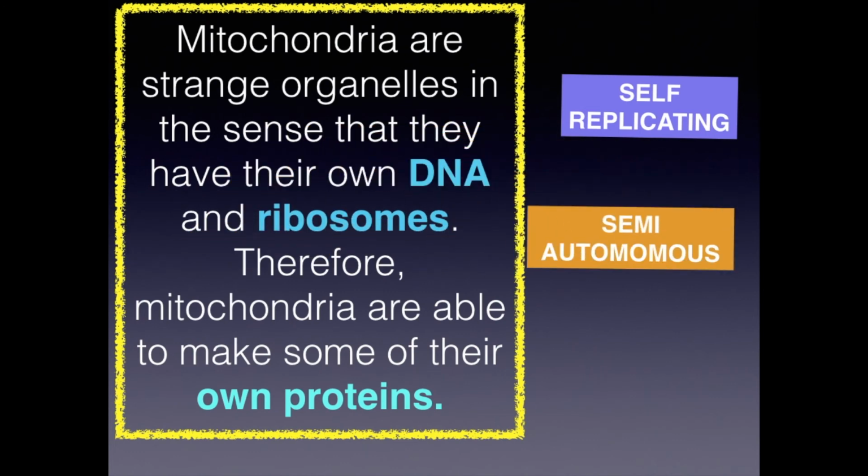Next important thing about the mitochondria is that they are very, very strange. They are strange organelles. Why? Because they have their own DNA and ribosomes. So DNA is a genetic material and ribosomes help in manufacture or synthesizing of proteins.